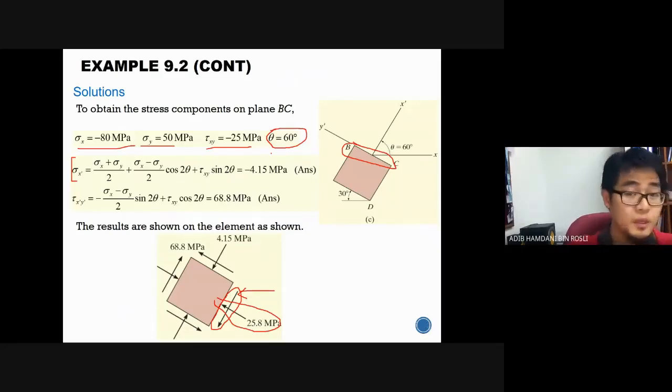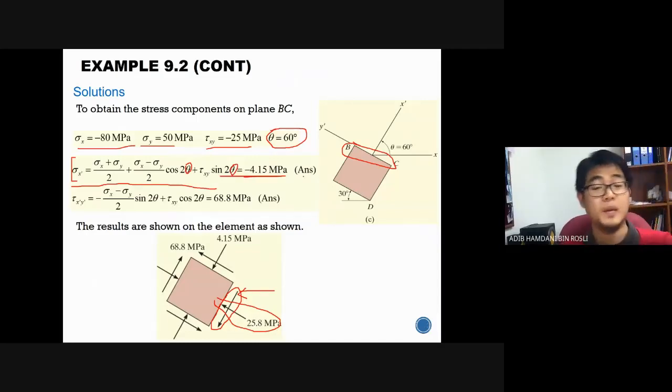The most correct way is to analyze surface CB from x, you rotate it 60 degrees to have this axis, which is normal to face BC. So you use the same equation of sigma x prime, but your theta here is positive 60 degrees, and you will end up with sigma x prime as minus 4.15 megapascal.